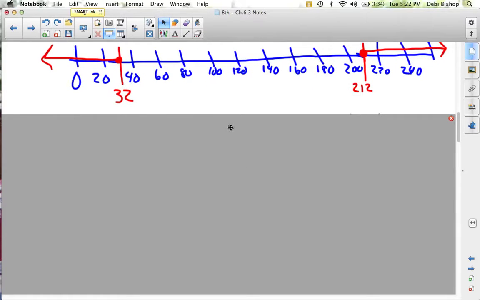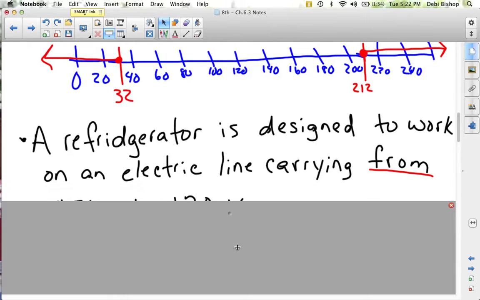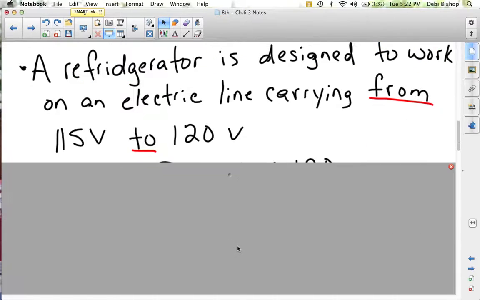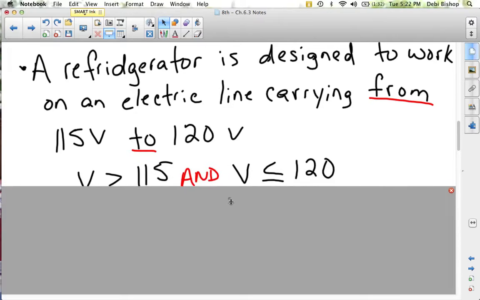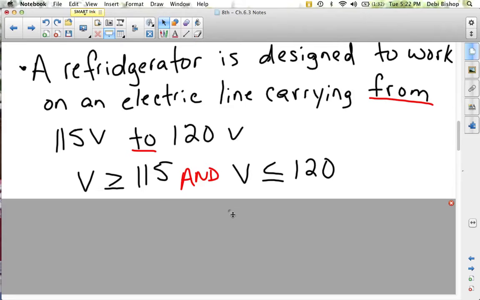So let's do another example. We have a refrigerator that is designed to work on an electric line carrying from 115 volts to 120 volts. So now I have to figure out how I'm going to put this. So I know that it has to be greater than or equal to 115 volts, and it has to be less than or equal to 120 volts, because that is where it's in between.